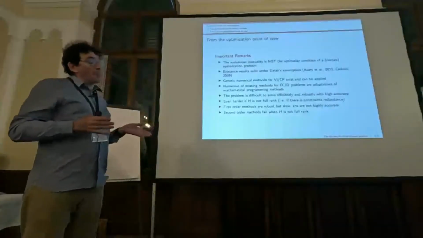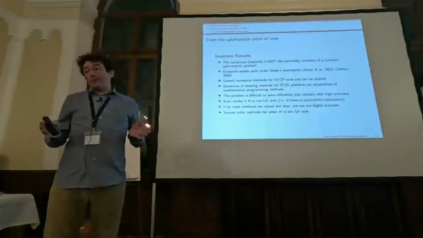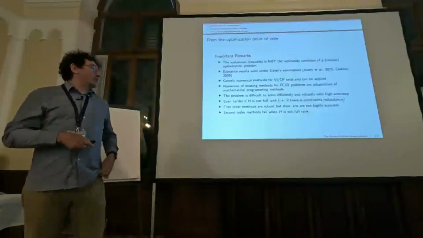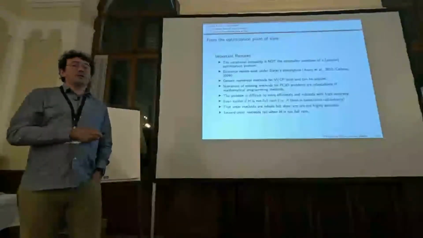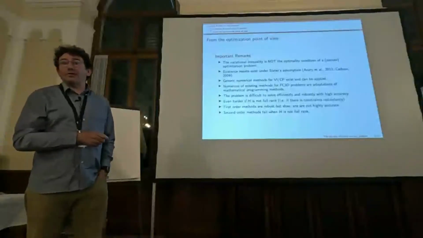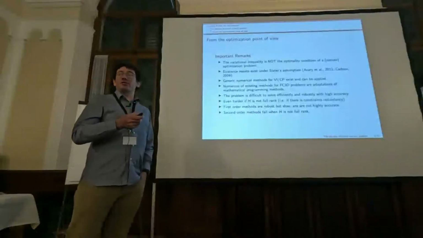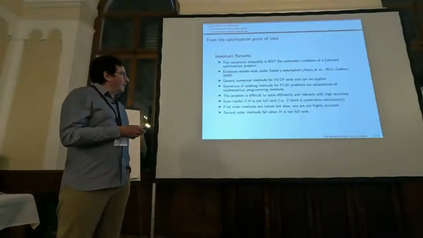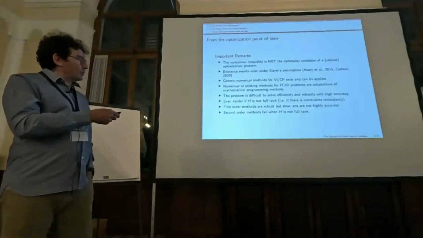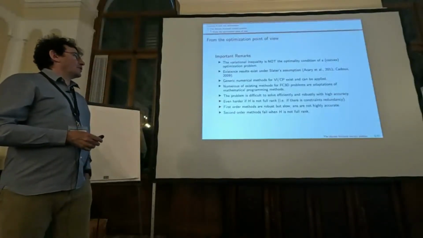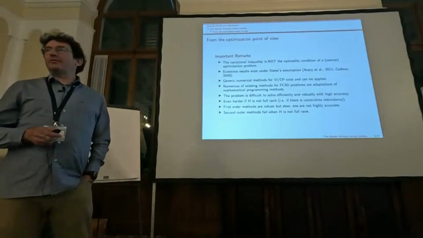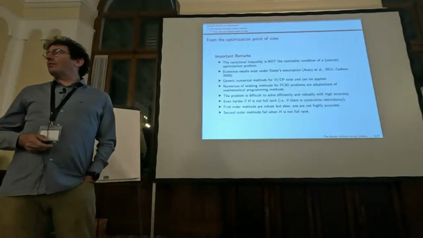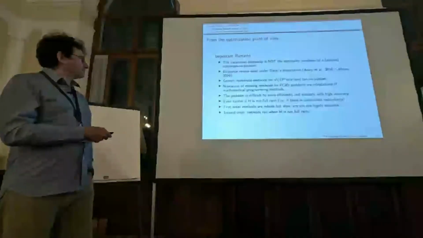They are quite efficient and quite robust, but really slow to get high accuracy. And if H is not full rank, as you can have in granular materials, for instance, or rigid multi-body systems, or even in beams applications, then we are not able to get high accuracy because we are not able to have second order convergence rate.